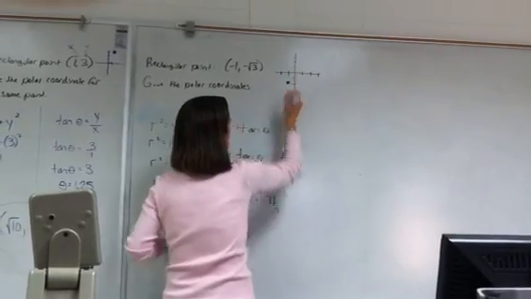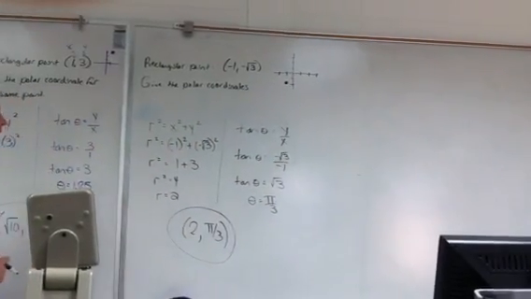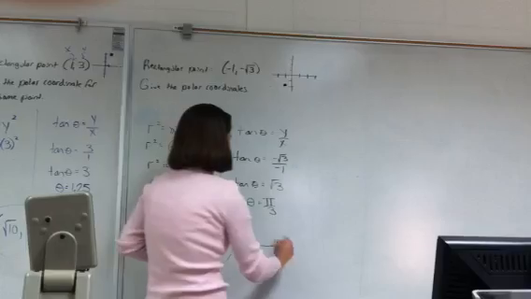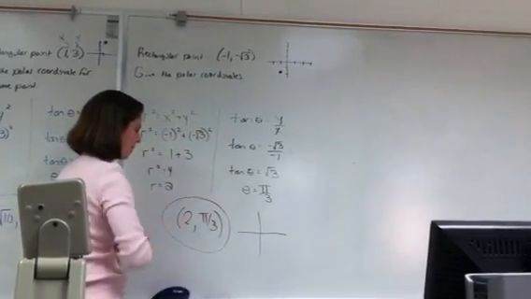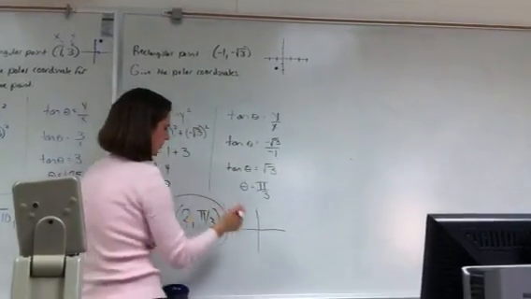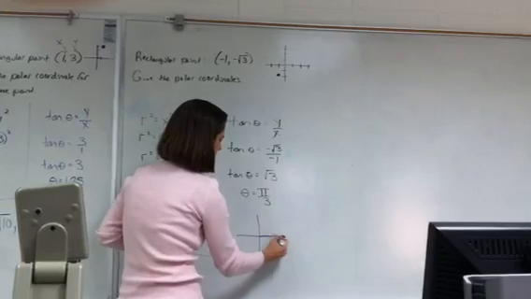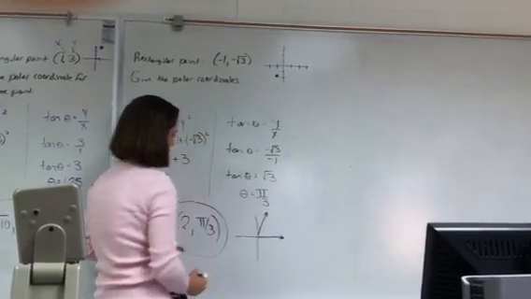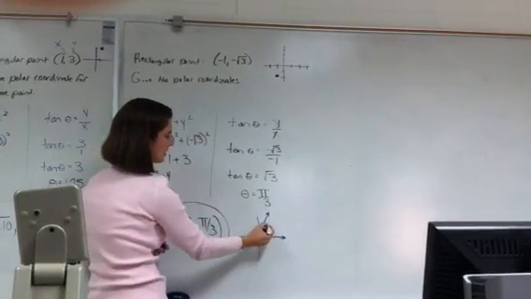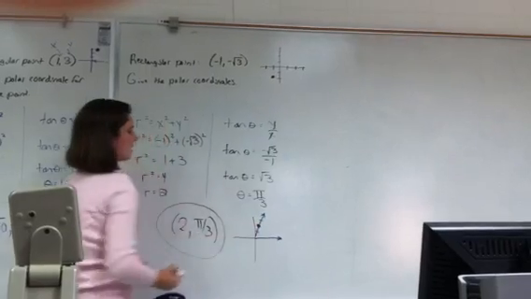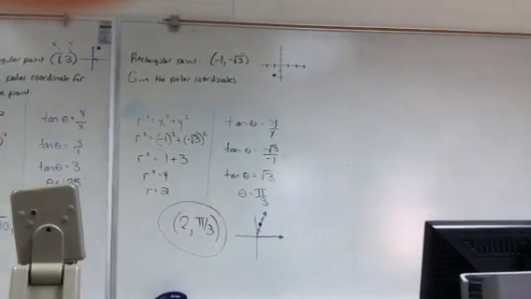Okay, there's the rectangular point right about there. And then if I come down here and I plot my polar point that I just came up with, pi over 3 is like here. 2 out on that terminal side is going to place my point there.